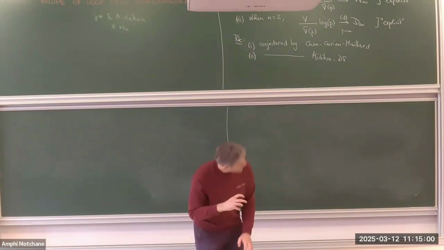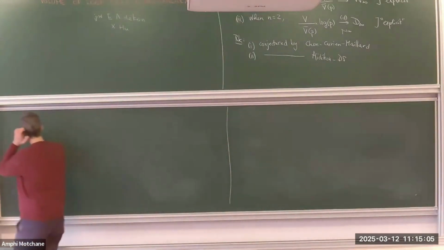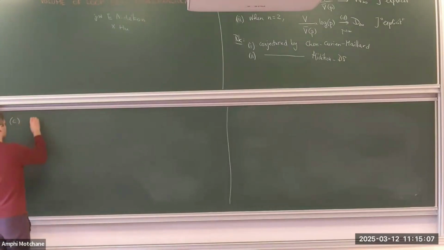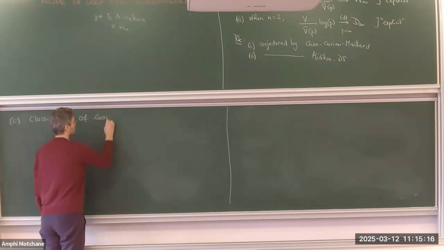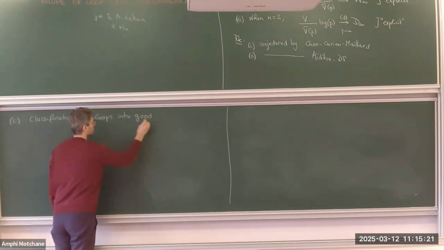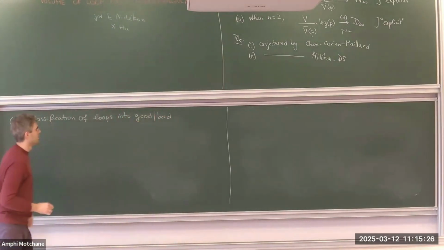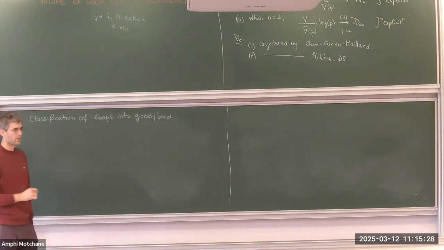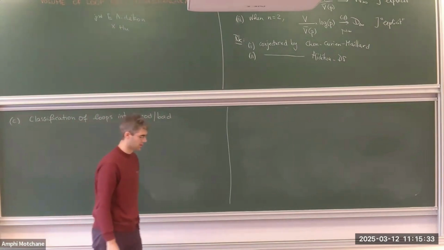As I said, if you want to come up with a classification of the loops into good or bad, you need to understand the full behavior of a loop you choose at random in your planar map, in some sense.